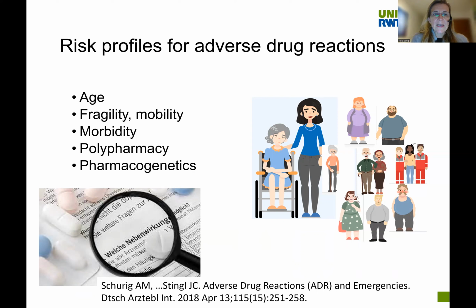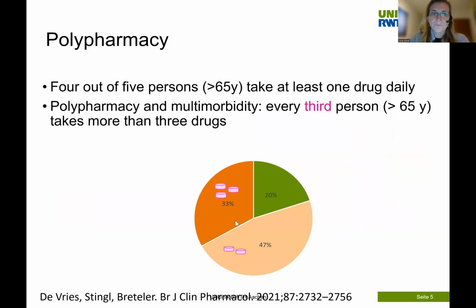Comorbidity, morbidity, and polypharmacy are typical features of the elderly. And also the increasing fragility, causing immobility in these patients, leads to vulnerability to side effects. And perhaps also our genes may influence the safety of drug treatments. We will look at that in the study.